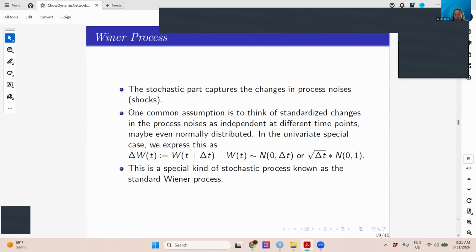Then the W is a Wiener process, which is a kind of process noise in continuous time. So the next few slides, I'm going to skip relatively quickly, but I just want to offer some intuition on how to understand these continuous time process noise or Wiener process. Sometimes people use the analogy of someone who is drunk trying to walk around and taking a step to the left or right in a random manner.